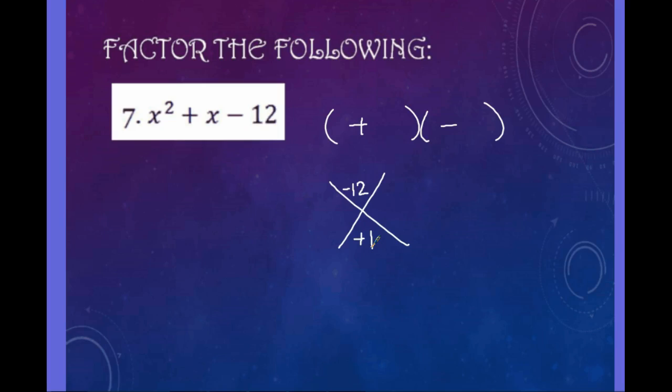Two factors of negative 12 that add up to positive 1. What do you think? 4 and negative 3. Good. So a positive 4 and a negative 3 adding together give me positive 1 and multiply together to give me negative 12. So I get x plus 4, x minus 3.